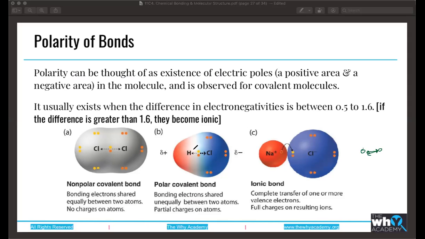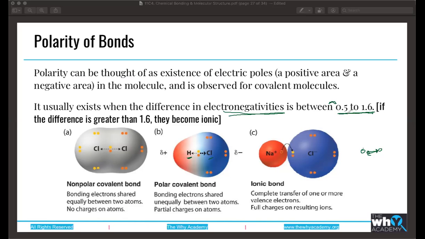Within the molecule itself, it is because the electron cloud is being shared unequally between the two participating atoms. So it usually exists when the difference in electronegativities is more than 0.5. If the difference is less than 0.5, the electronegativities are very similar to each other.